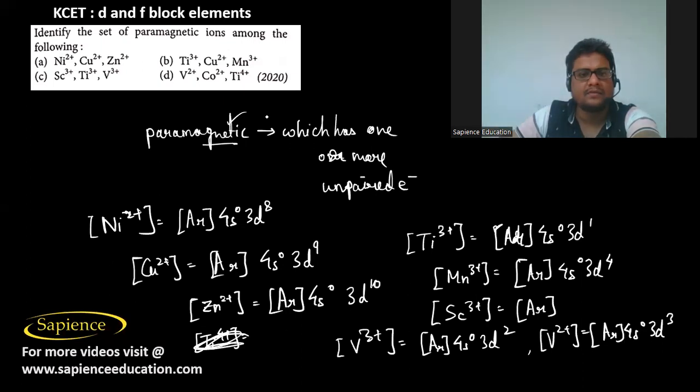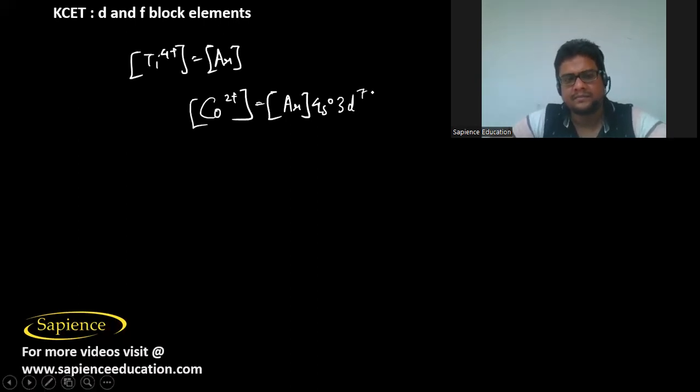Then the electronic configuration of Co2+ will be argon 4s0 3d7.